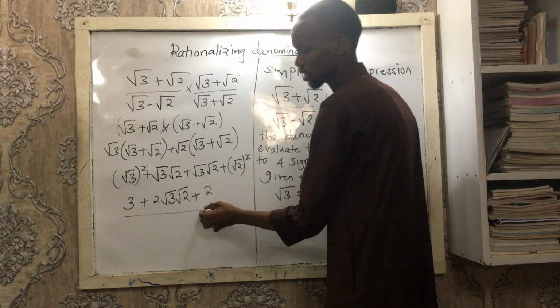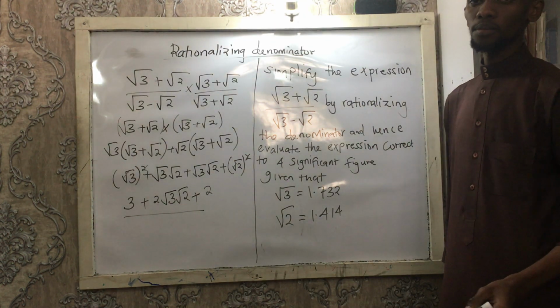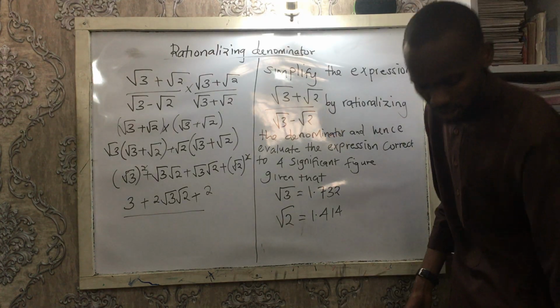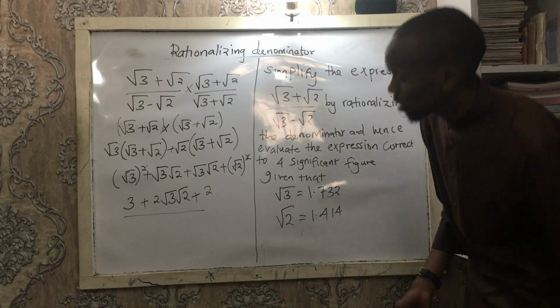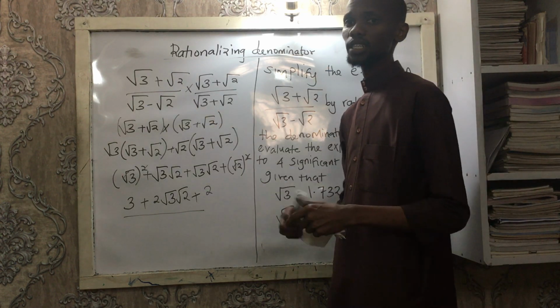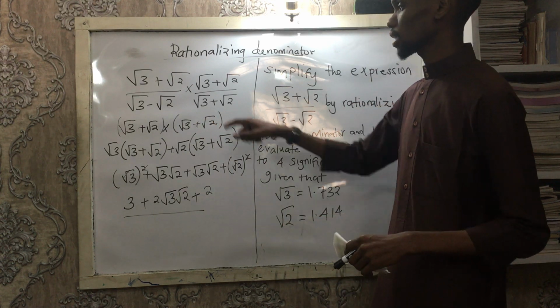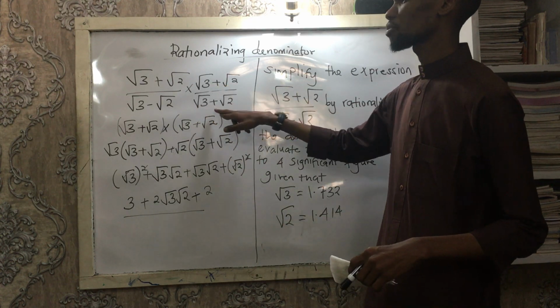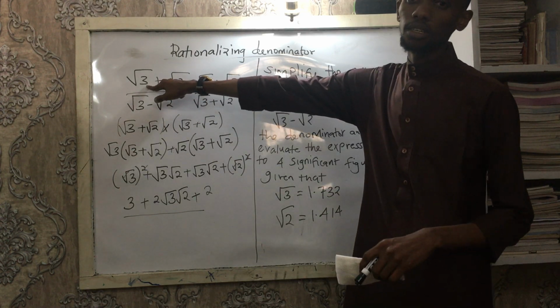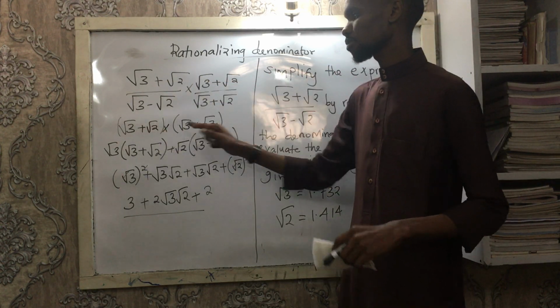And this is our numerator. Understood? So whatever I've just done is I have multiplied the expression by the conjugated denominator, so that I can have the root of 3 plus the root of 2 over the root of 3 plus the root of 2. And then I worked out the numerator. That is, I opened the bracket.